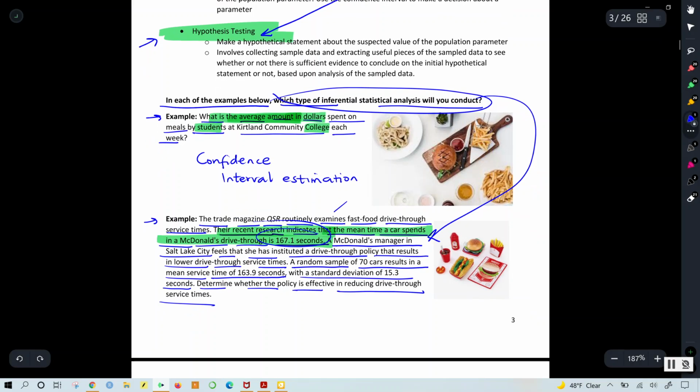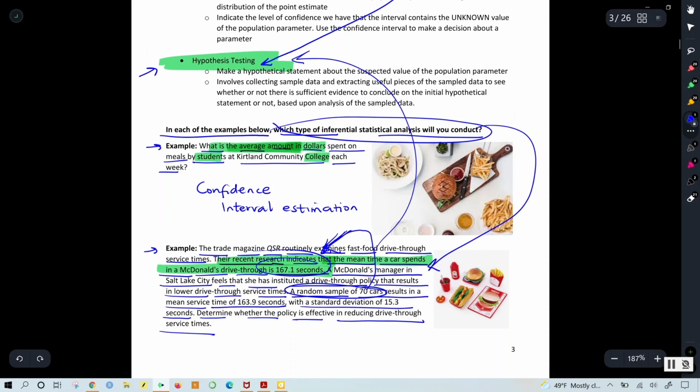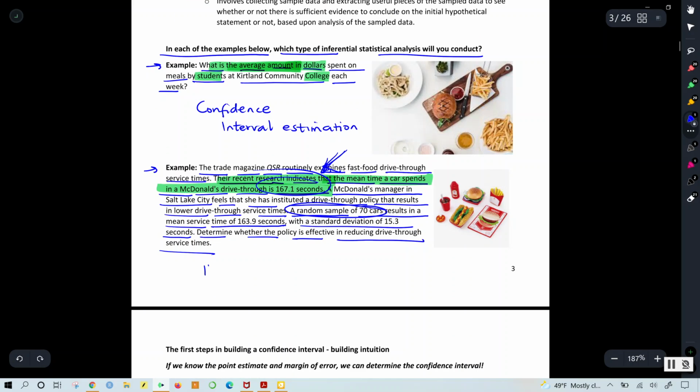Our goal is, based on available sample data that you're collecting from the 70 cars, will you have enough evidence to test this claim to see whether it is true or false, or whether there is a significant difference in the results you are getting from what has been established, or whether the evidence you have only backs up that initial claim? In this case, that would be going back to hypothesis testing. We need to test a claim that has been made. So in this case, you have hypothesis testing.